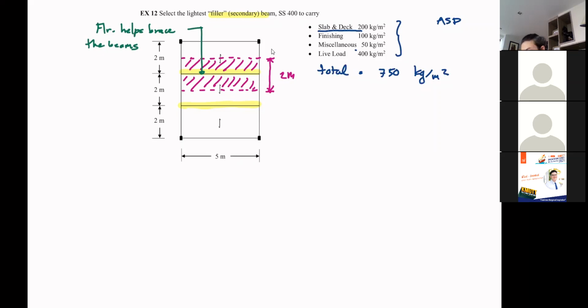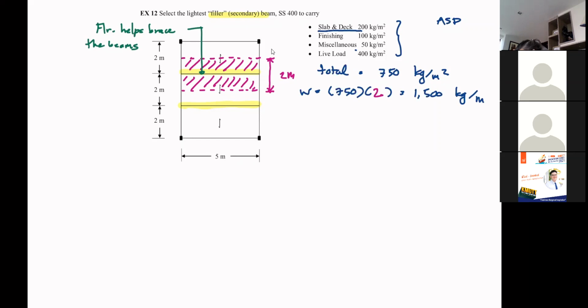Okay, so now say the W acting on this beam is going to be 750 multiplied by the tributary width 2, right? So that is 1500 kilogram per meter now, because it becomes a uniform load.